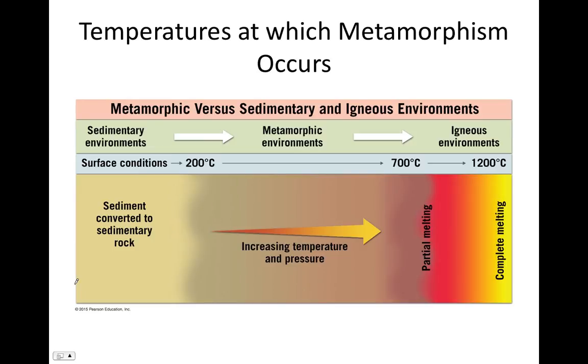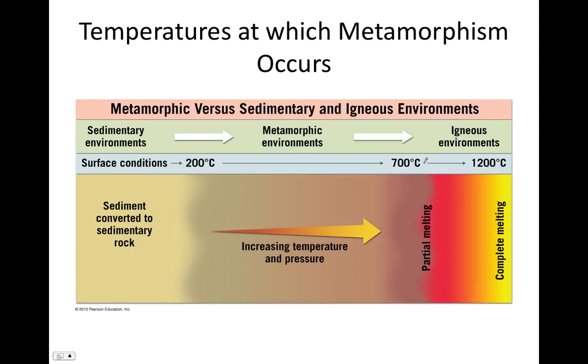So there is a range in temperature at which rocks undergo metamorphism. At low temperatures, those below 200 degrees centigrade, those are temperatures associated with surface conditions. And at those temperatures, we have the formation of sedimentary rock.